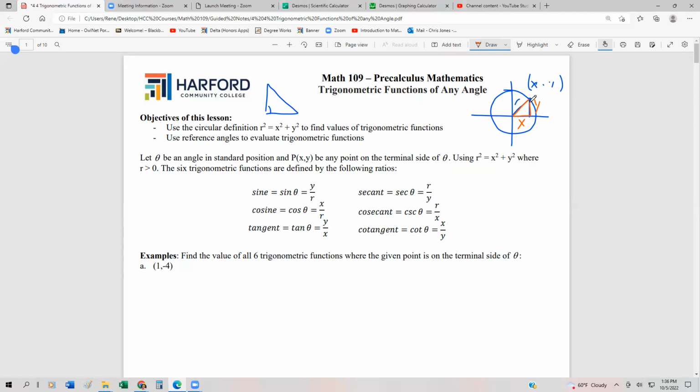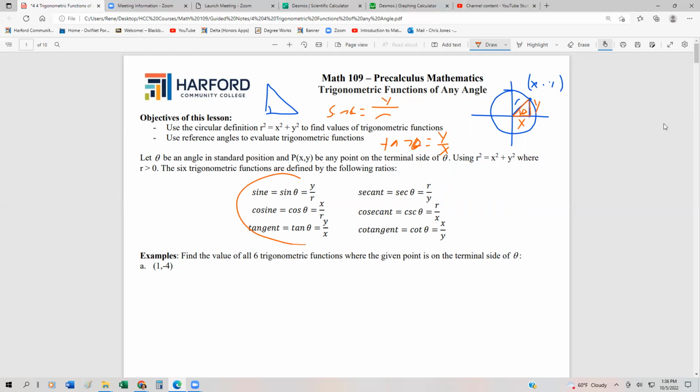You probably remember the relationship on the unit circle, but we could also use our trigonometric definitions. If this is theta inside of the triangle, remember that the tangent of theta was equal to the opposite over the adjacent, or y over x. And the sine function was the opposite over the hypotenuse. In this case, the hypotenuse is r, and the opposite is y.